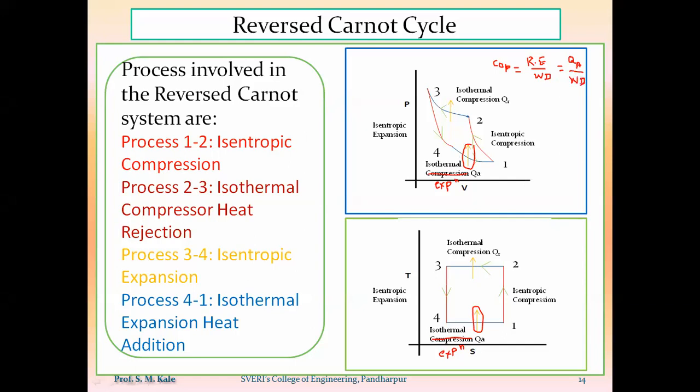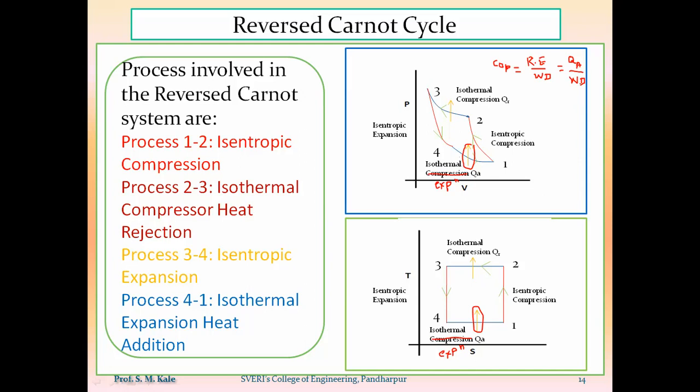That means we need to calculate the value of QA, the amount of heat absorption, and the amount of work done during the process. We know that refrigeration is exactly opposite to a heat engine.